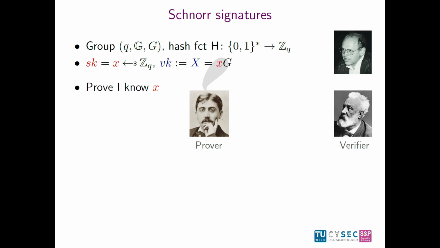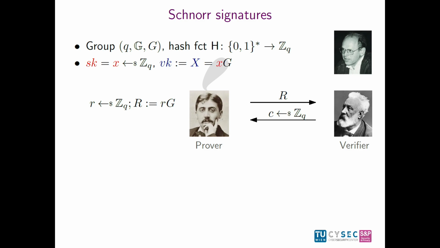scheme. So meet Marcel, the prover, and Jules, the verifier. And the prover wants to convince the verifier that he knows the secret key x. So the way he does it is he generates this ephemeral key pair little r, capital R, and sends the public key to the verifier, who picks a random challenge c, and the prover now has to compute this element r plus cx mod q.